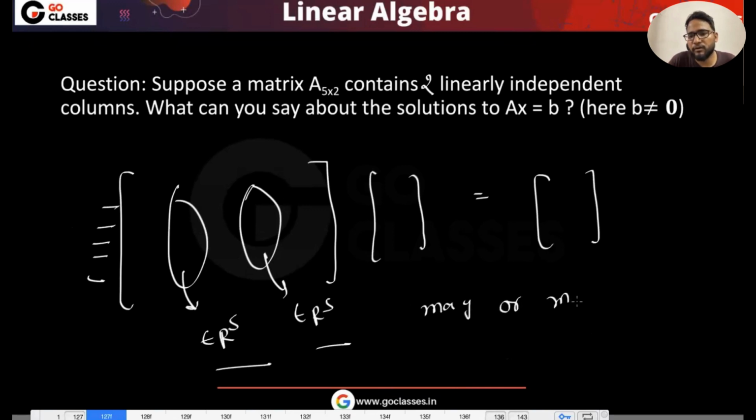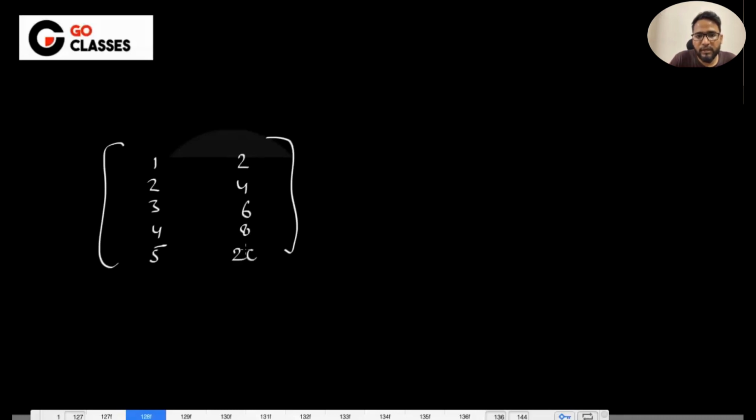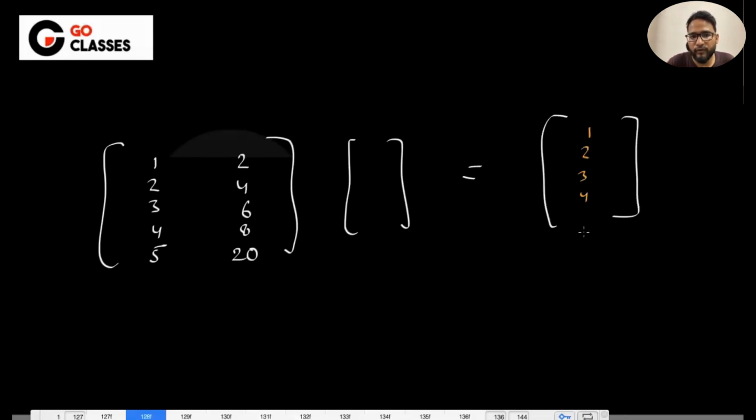May or may not. Why? What does this mean, may or may not? Maybe I have, let's suppose, these 2 vectors in R5: 1, 2, 3, 4, 5, and maybe 2, 4, 6, 8, and 20. These are 2 linearly independent vectors, and I have this B, which looks like 1, 2, 3, 4, 5.